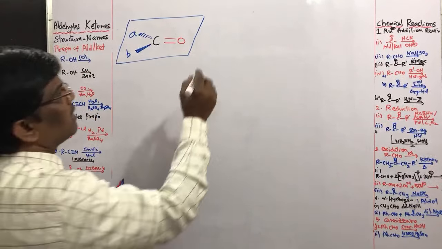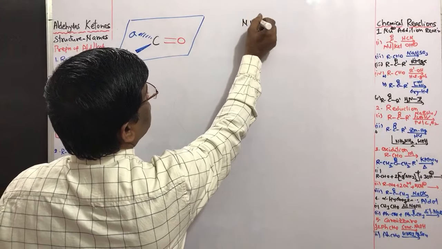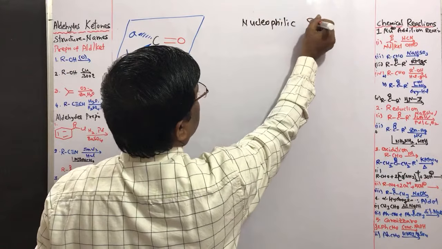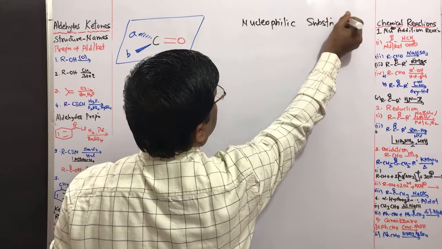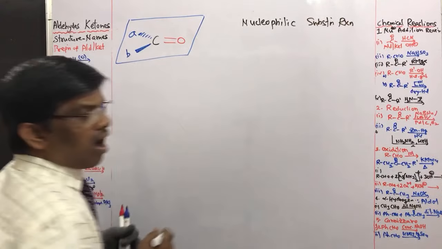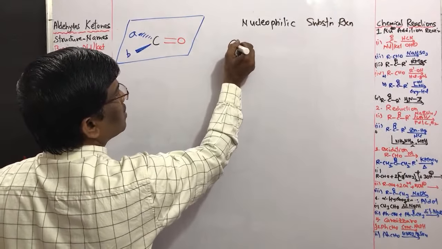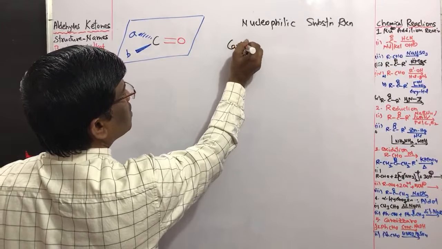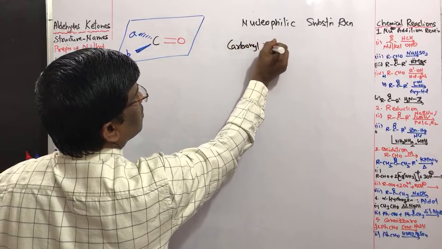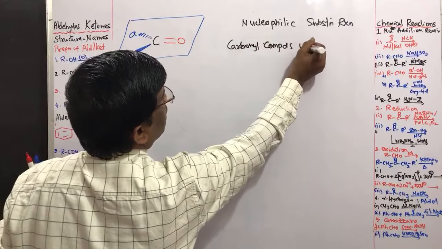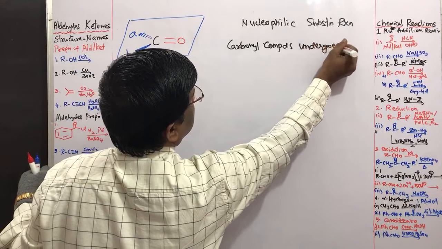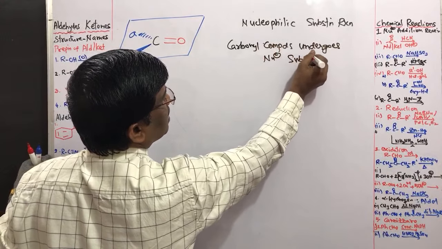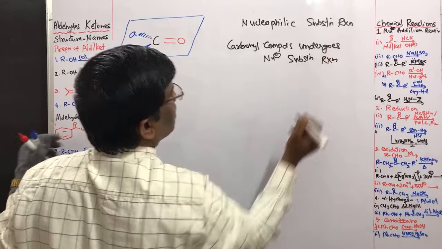So what happens in nucleophilic substitution reactions? Please write down these, students. Carbonyl compounds undergo nucleophilic substitution reaction.